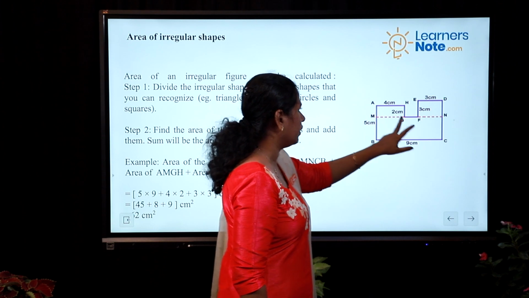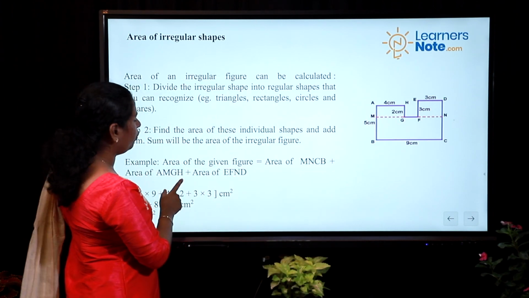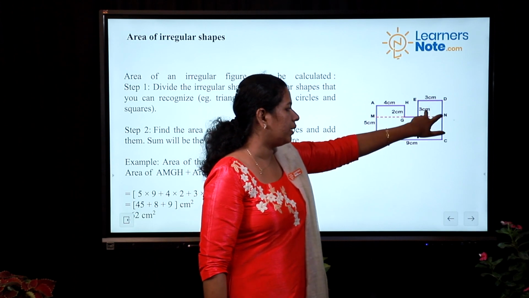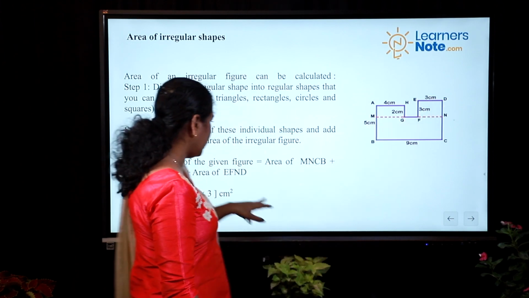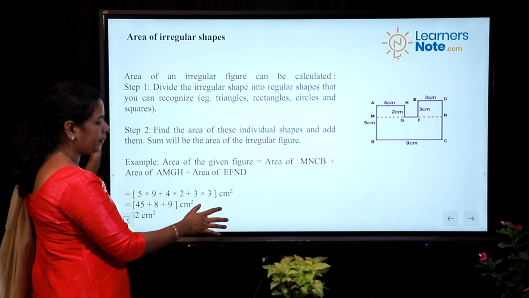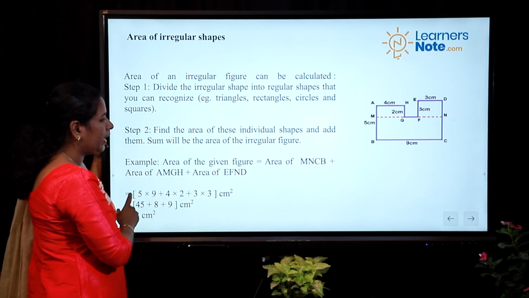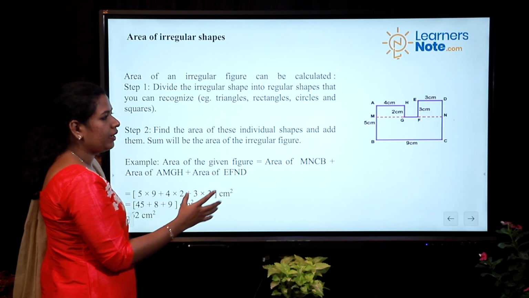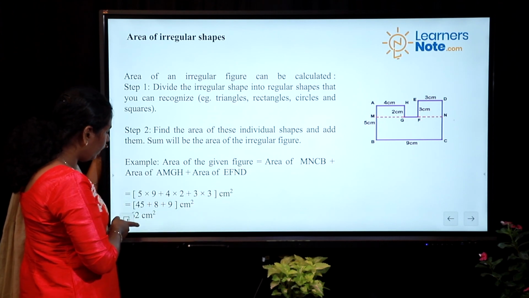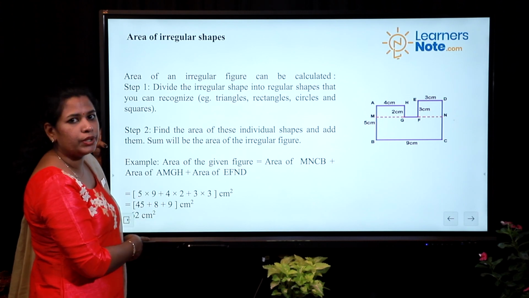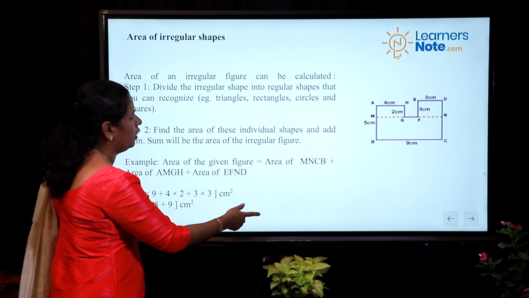This is a big rectangle. And area of AMGH means this rectangle, and you can add this area also, that is area of EFNT. Okay, I have given a name to each shape. Then by calculating all the areas, I added them and got the area in centimeter square. Don't forget to write the unit, because the unit is very important.